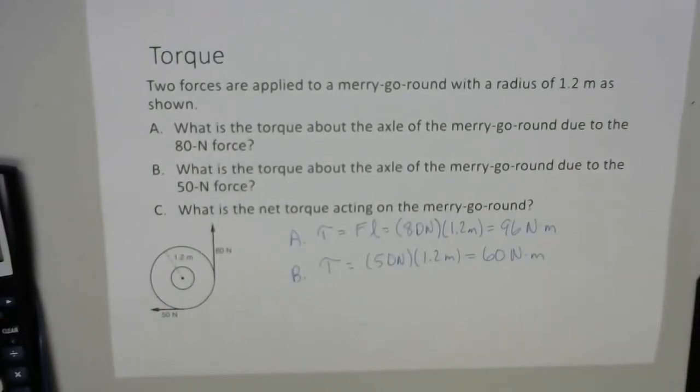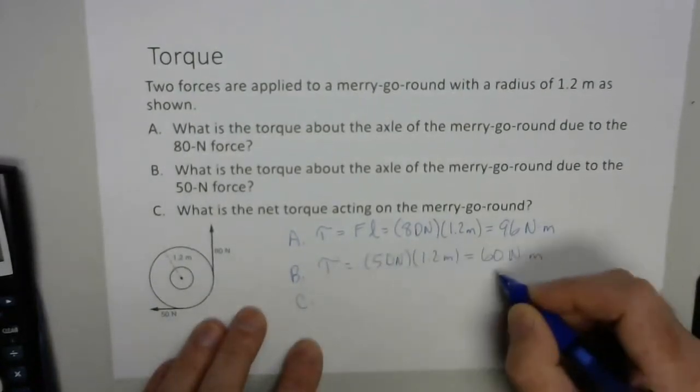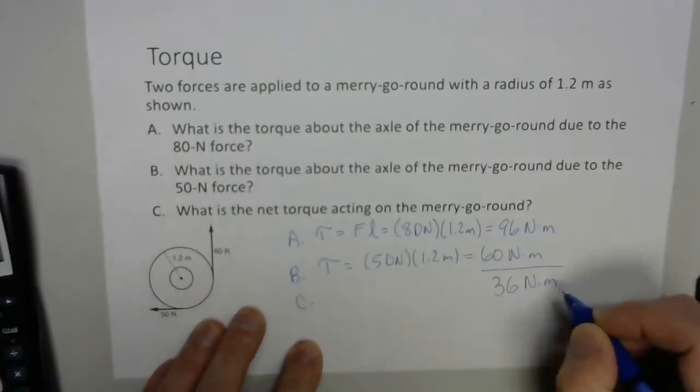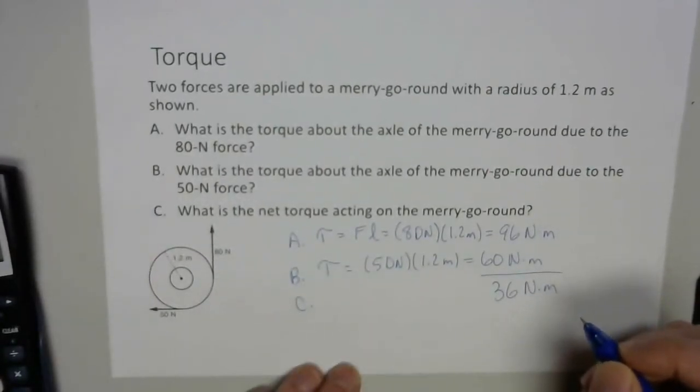Now you've got two choices really. You could subtract the forces since they're being applied in opposite directions, or just subtract the torques to get C. So C will be the difference in those two, which will be 36 Newton meters. Which way is it rotating?